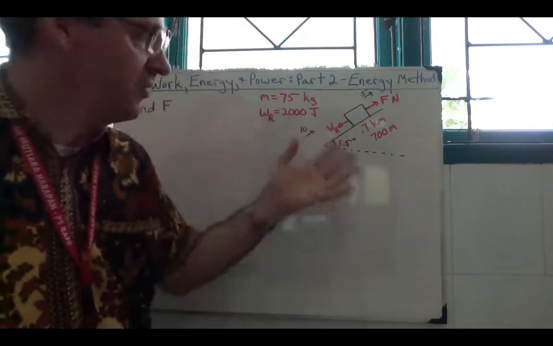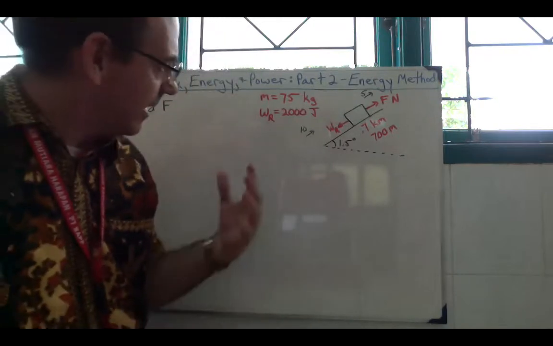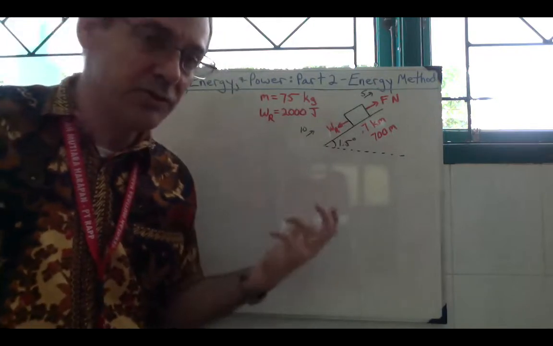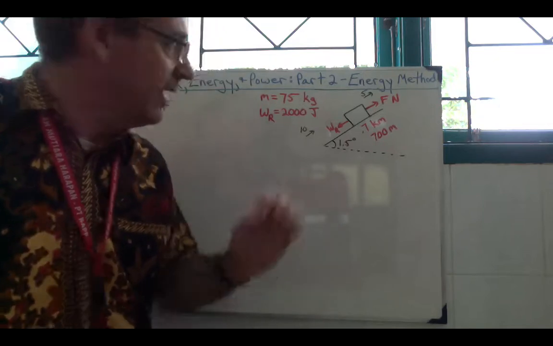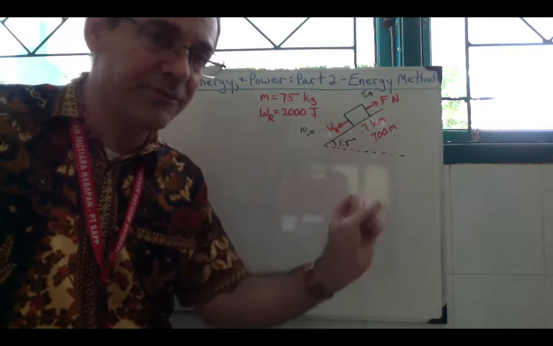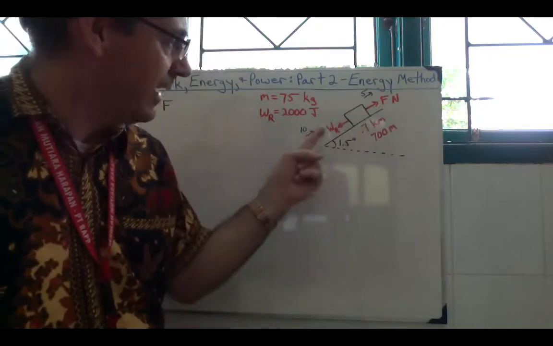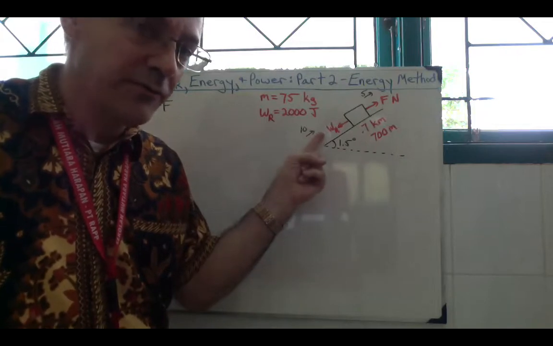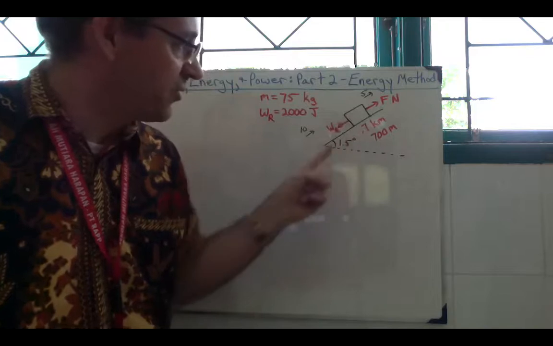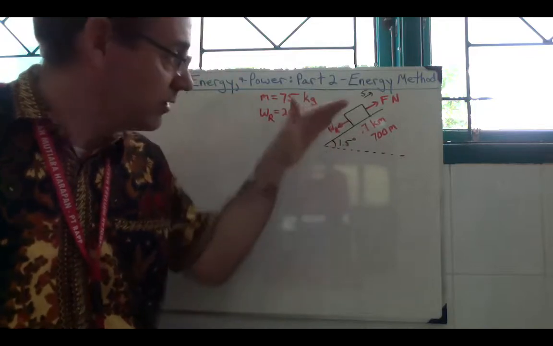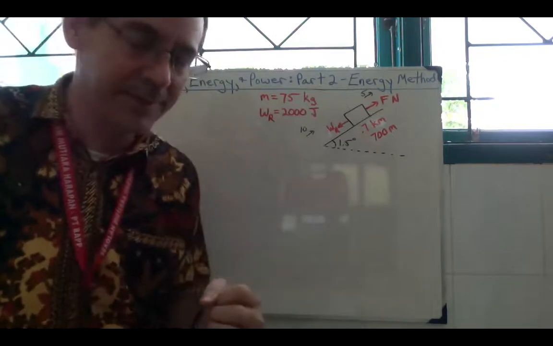You could do this the way that we've learned before, where you would take Newton's second law, mass times acceleration, and set it equal to the net force, which is your driving force minus your force of resistance minus also the weight resolved parallel to our hill that we have here. You could do it that way.